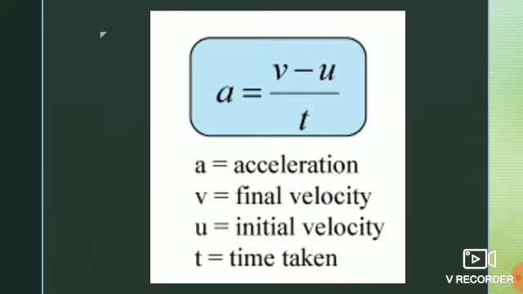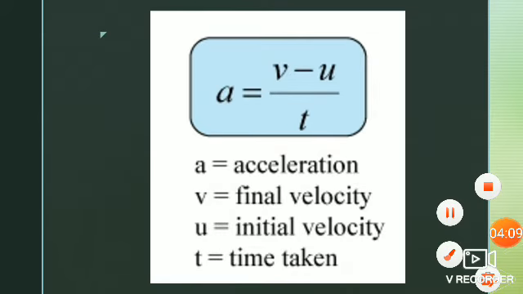If the velocity changes by equal amounts in equal time intervals, the object is said to have uniform acceleration. If the velocity changes by unequal amounts in equal time intervals, the object is said to have non-uniform acceleration.